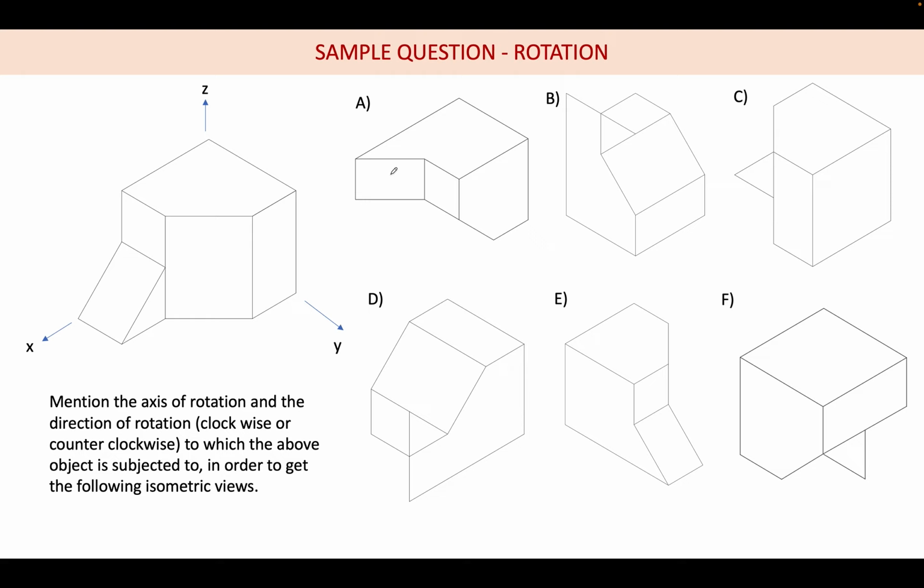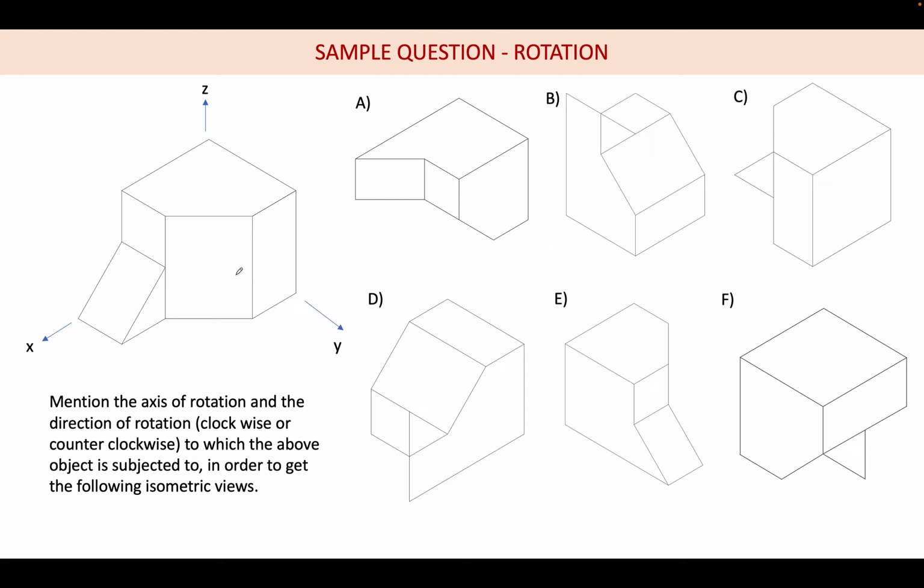Y-axis in the clockwise direction. About the y axis, this one. About the axis means, suppose you are considering this your y axis, if you rotate it, this portion will come to the top. Y-axis in the anti-clockwise direction. Okay, so y axis, plus 90.